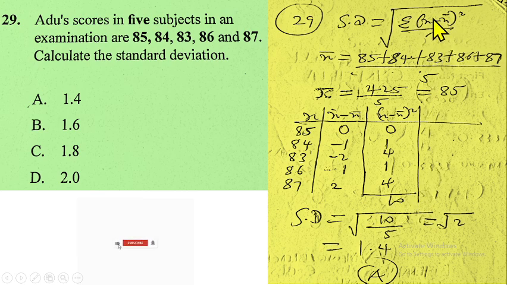So you now go back to the formula: square root of the sum, 10, over 5 as our n. 10 divided by 5 is 2. So the square root of 2 is 1.4. That means the standard deviation of this data is 1.4, and option A is the correct option for question number 29.